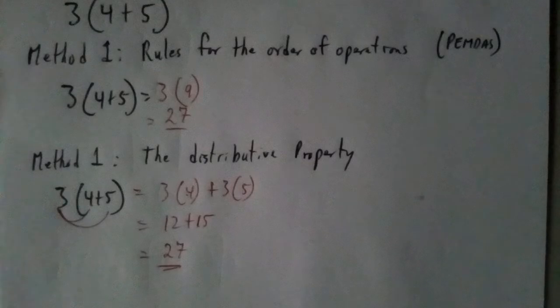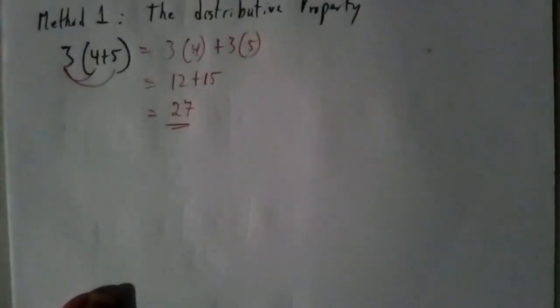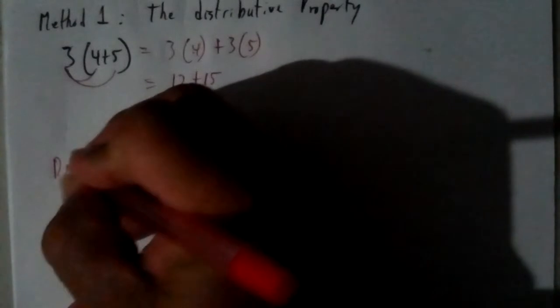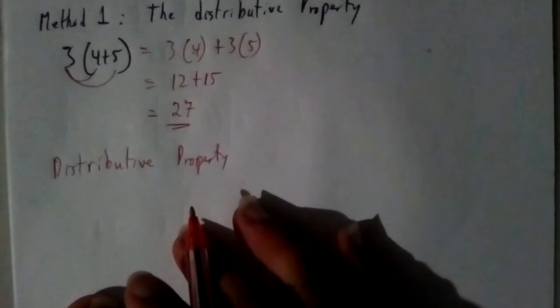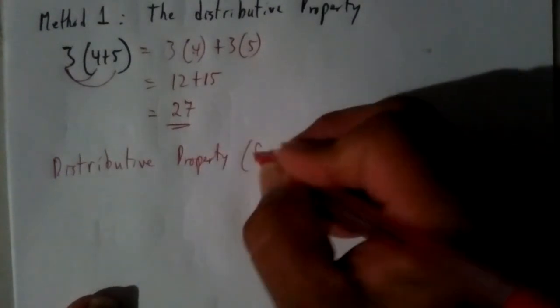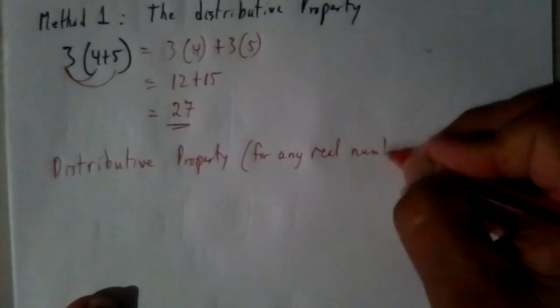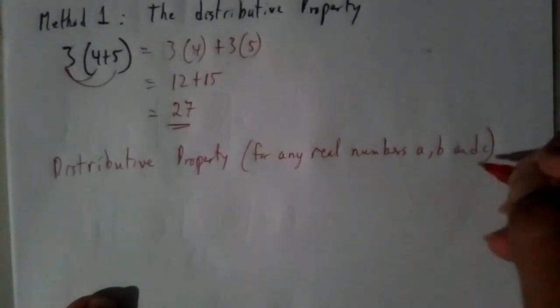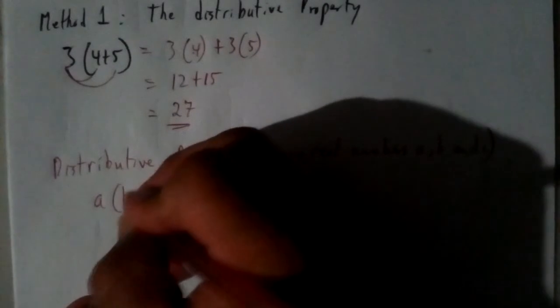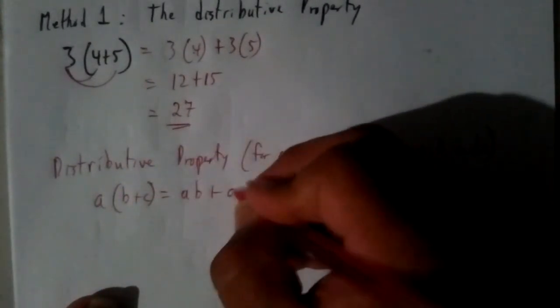So let me write the distributive property below. Okay, the law. So here it is. Distributive property. Algebraically, you can say for any real numbers a, b, and c, a(b + c) equals a times b plus a times c.